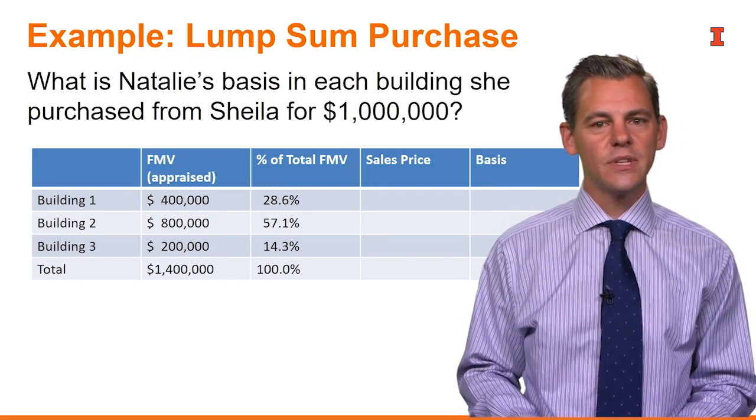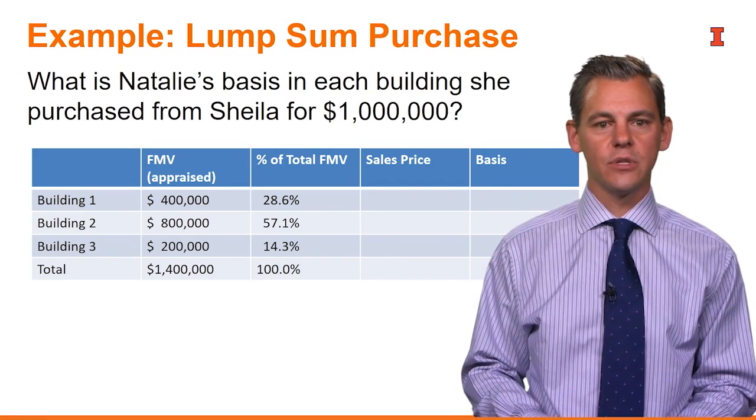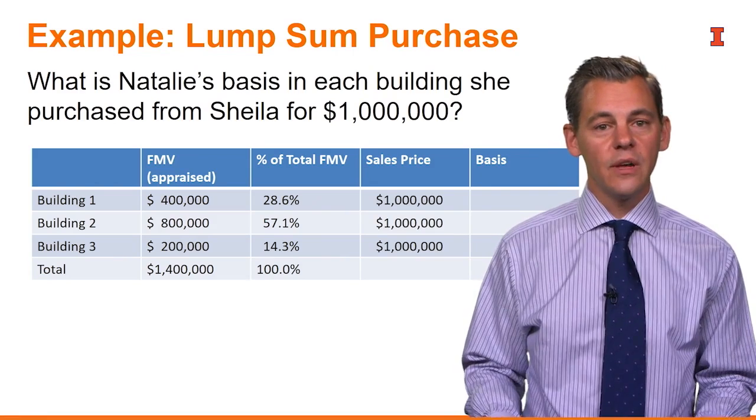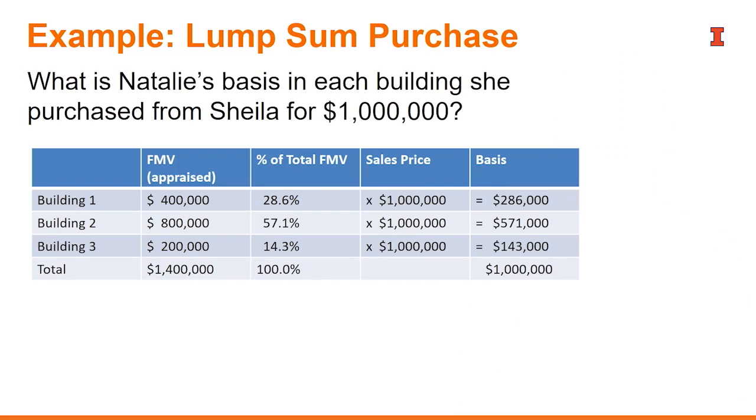So we take these percentages and allocate them to the total purchase price in this lump sum purchase. In particular, the sales price was $1 million. So we take the percent of total fair market value for each building and multiply it by $1 million to obtain the basis in each building.